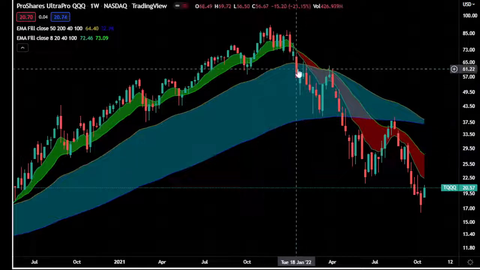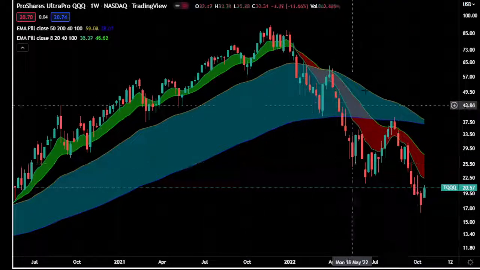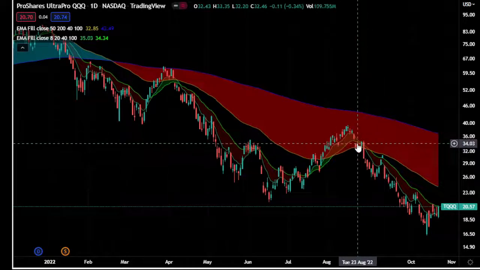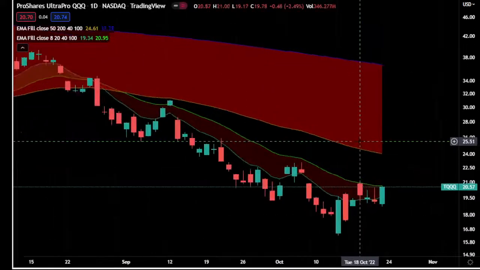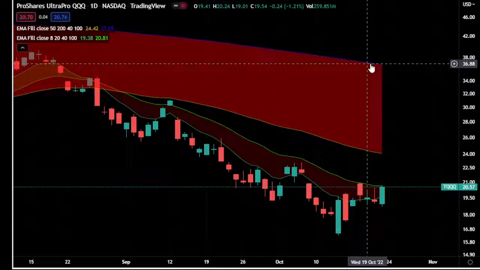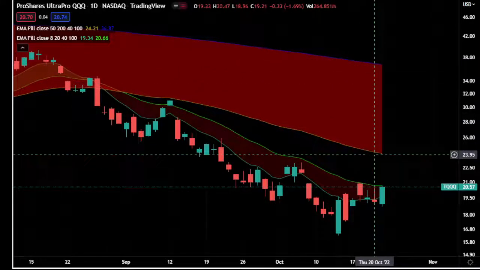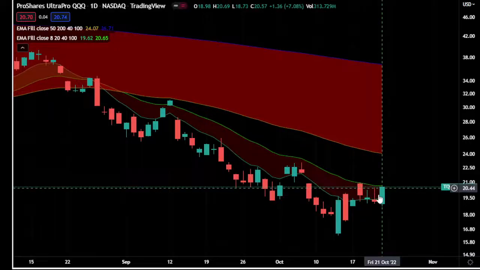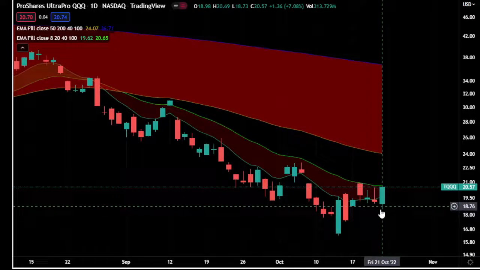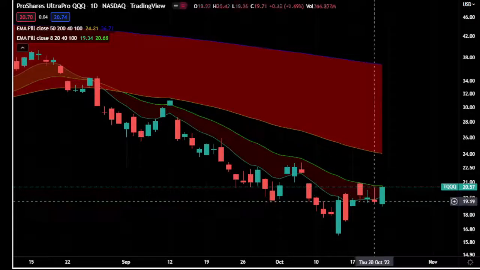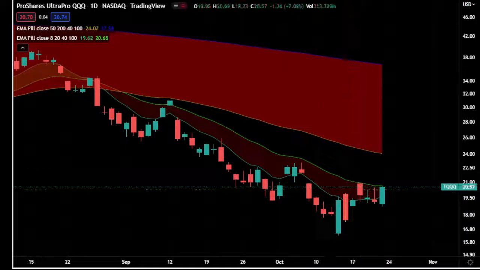So here is the current weekly trend represented for the Nasdaq. And then we can also look into the daily chart of the TQQQ, and we see that the 200-day is above the 50-day, and the 20 is above the 8. We had several days here where prices have been trending a little bit higher from this low.